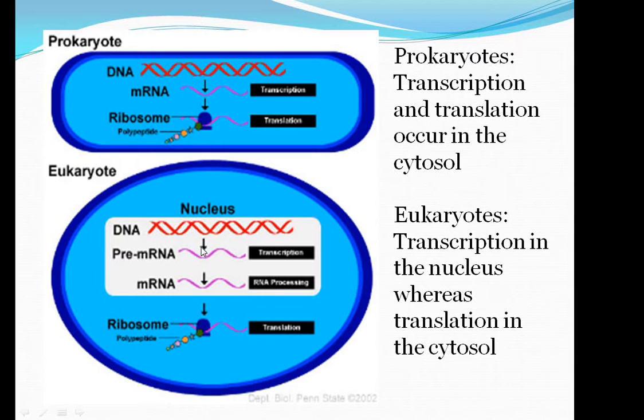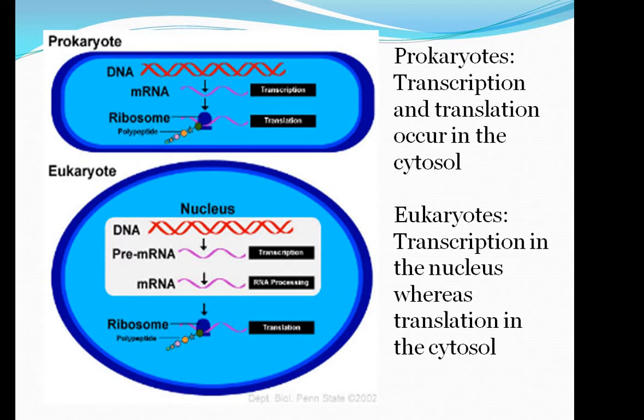This is the pre-mRNA. After transcription, it is immature, and it must undergo some modifications like RNA processing, which involves cleavage, splicing, etc. Then it becomes mature mRNA.